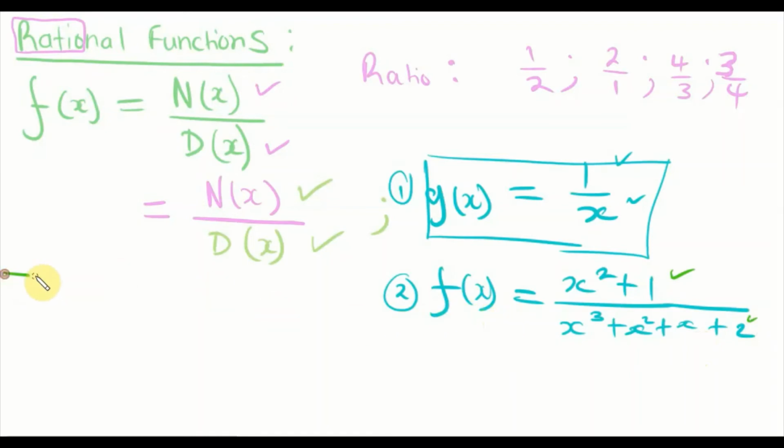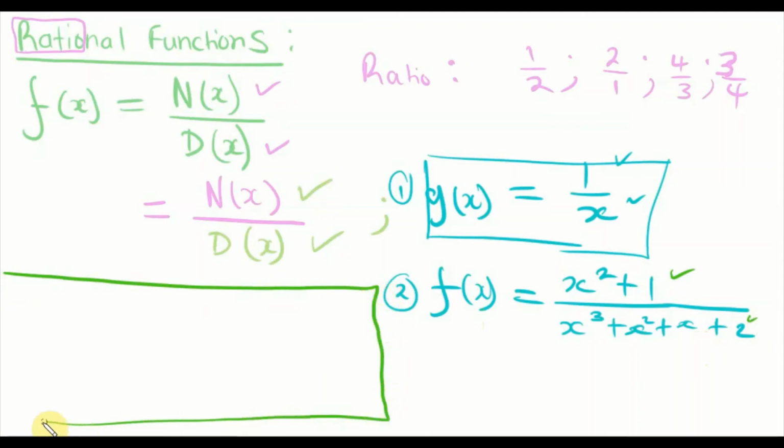Okay, so let's write the definition of a rational function. Write it in this block. A rational function, I'll just say RF for short, is a ratio of polynomials.